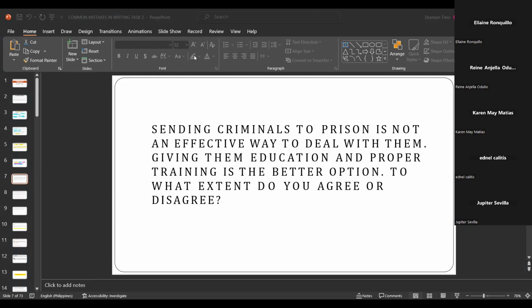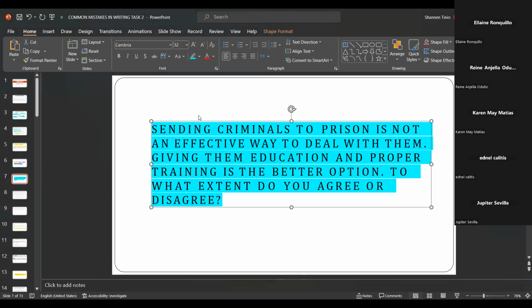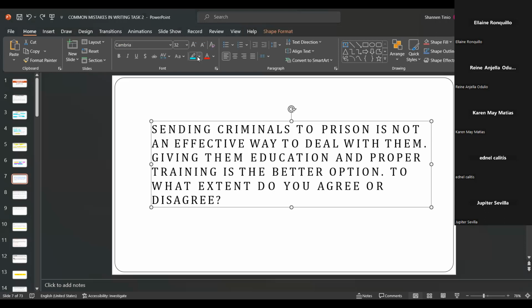Let's find the keywords. Sinabi ng wag eh. Take note of negative words so that you don't make mistakes.